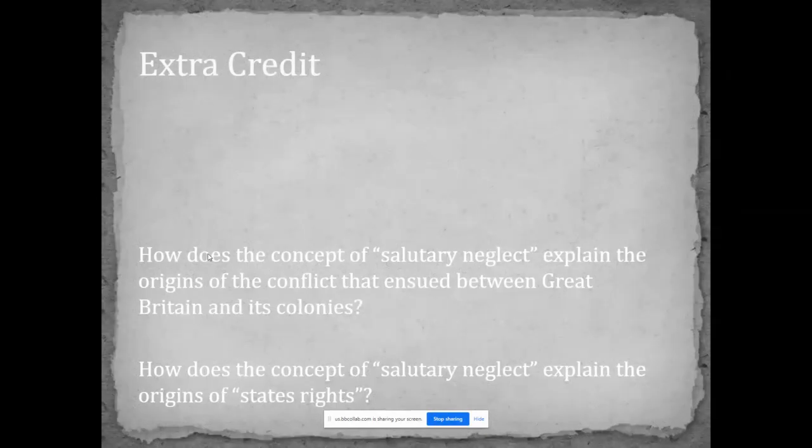And you'll understand why the timing of when that conflict began, 1763, is significant, right? And then you also want to understand why salutary neglect explains the origins of the concept of states' rights. And again, we'll get into that in just a little bit.